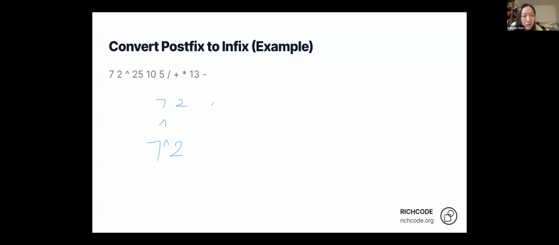So we have 25, and then we add 10 and then 5. Now we have another operator, so we take these two off the stack and put the operator in between them, so then it'll be 10 divided by 5.